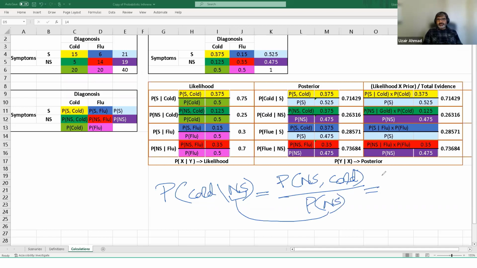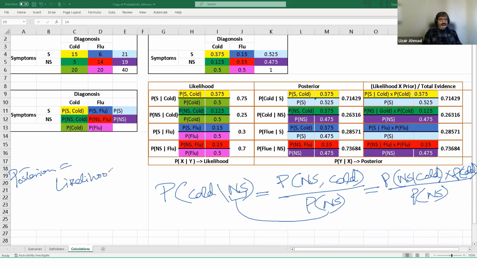This joint probability is the likelihood of not sneezing given cold multiplied by the probability of cold, divided by the total evidence of not sneezing. So posterior is equal to likelihood multiplied by prior divided by total evidence.